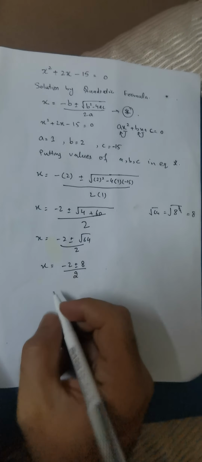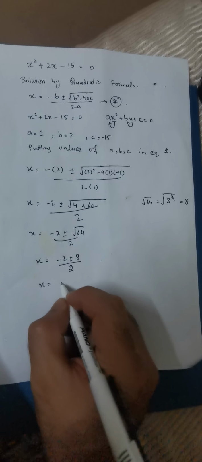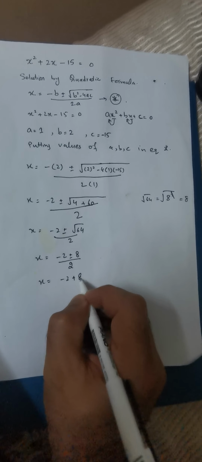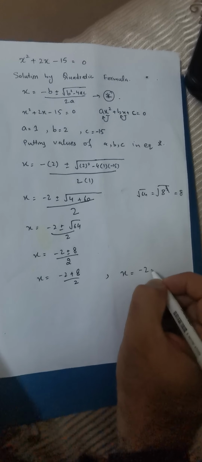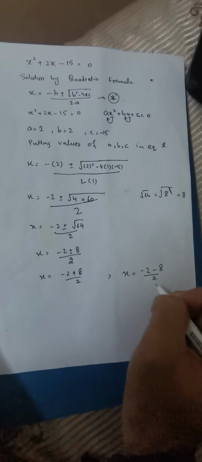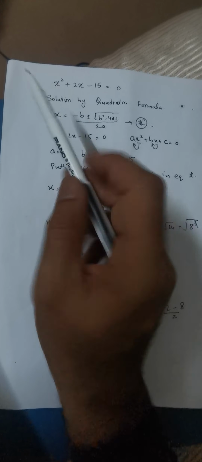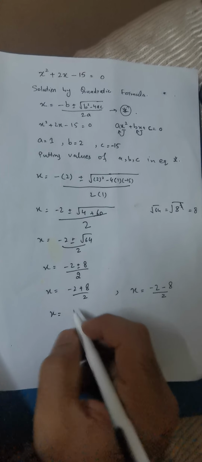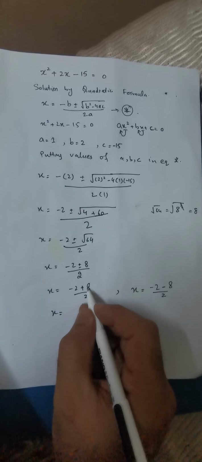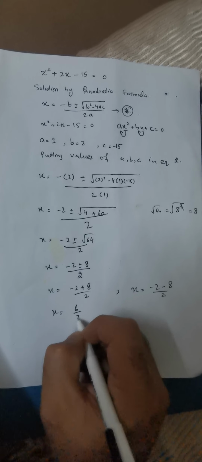Now I'll write it two times. The first value of x will be equal to minus 2 plus 8 divided by 2, and the second value of x will be equal to minus 2 minus 8 divided by 2. Why does it come in two values? Because it is a quadratic equation having degree 2, so it will have two solutions. Now the first one will come out to be minus 2 plus 8, which becomes 6, divided by 2.